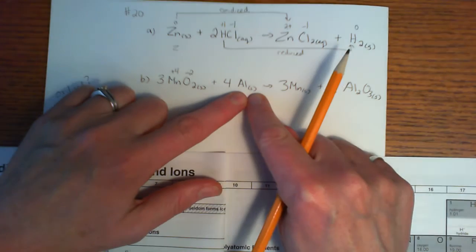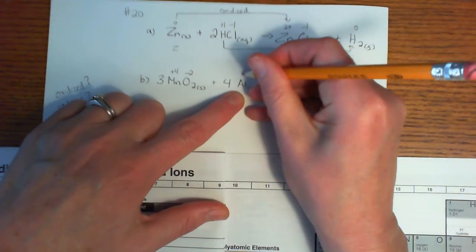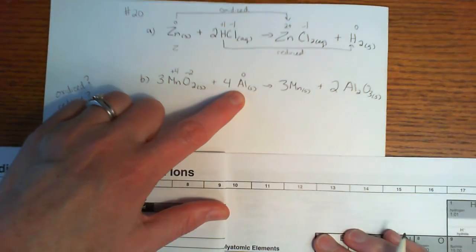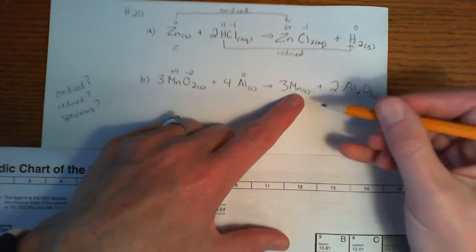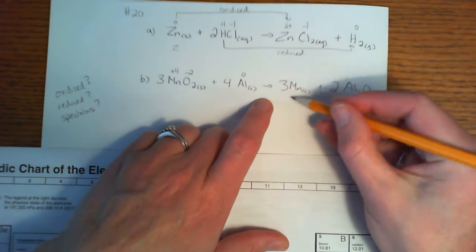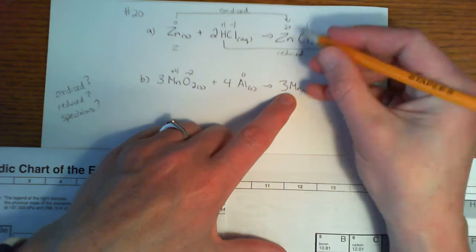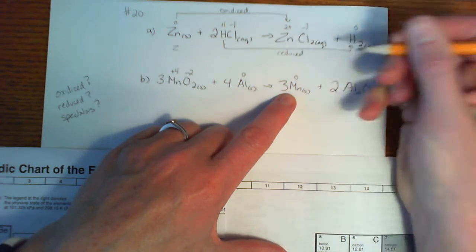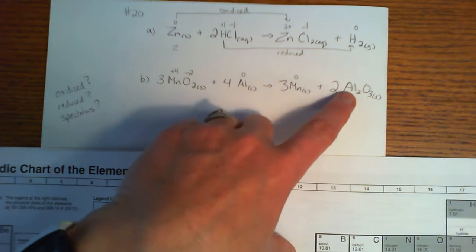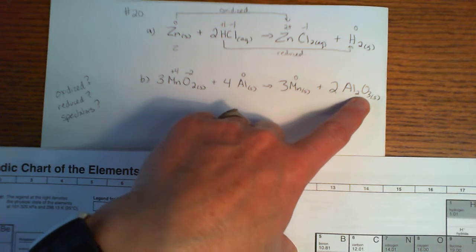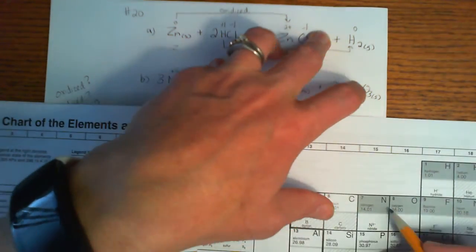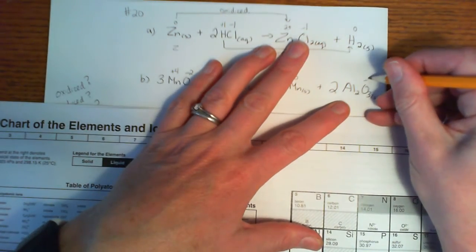Aluminum is all by itself, element, solid, so we know its oxidation state is 0. Manganese, again, solid as an elemental form, all by itself, so its oxidation state is 0. Aluminum oxide here, oxygen, again, we know is 2 negative.